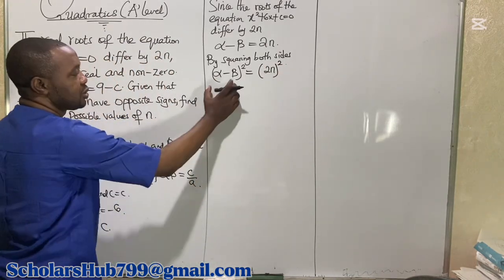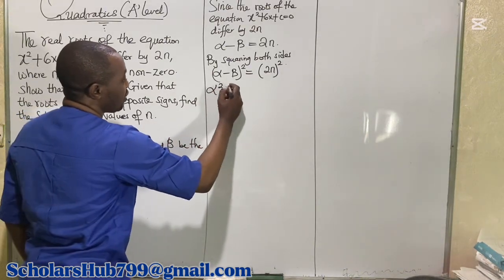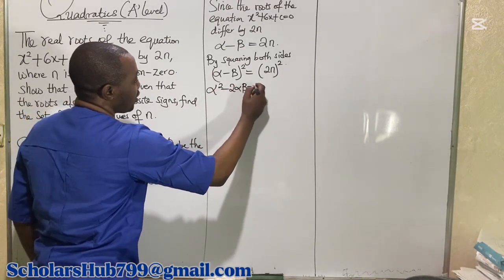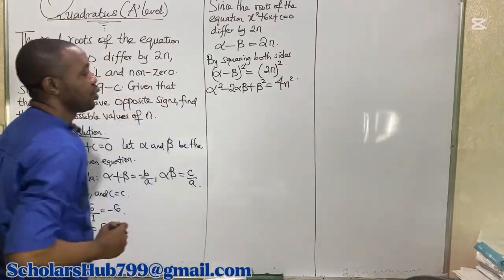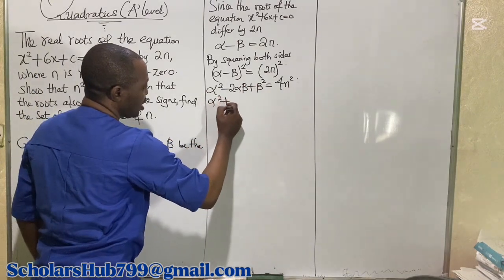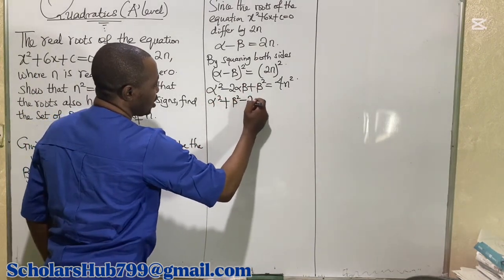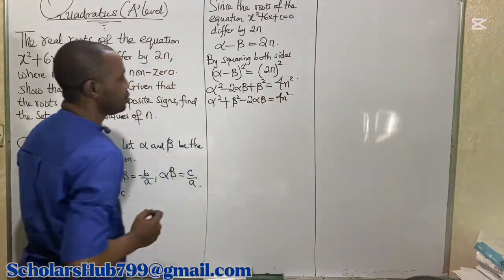Now, let's obtain the expansion for the square of alpha minus beta. That will be alpha squared minus 2 alpha beta plus beta squared, and this will be 4n squared. Now, we can rewrite this as alpha squared plus beta squared minus 2 alpha beta equals 4n squared.